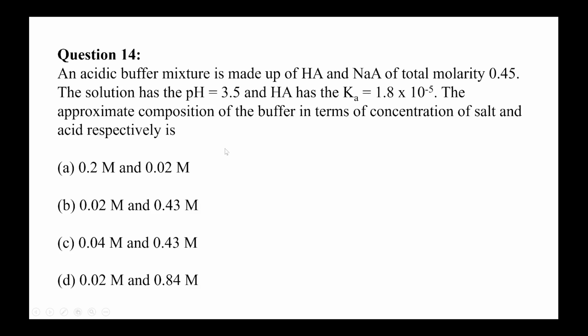So you have to calculate the concentration of salt and concentration of acid. The information that is given to you regarding this is the total concentration of salt and acid. So you have salt plus acid concentration given as 0.45 molar. Okay, you have Ka, so you can calculate pKa.